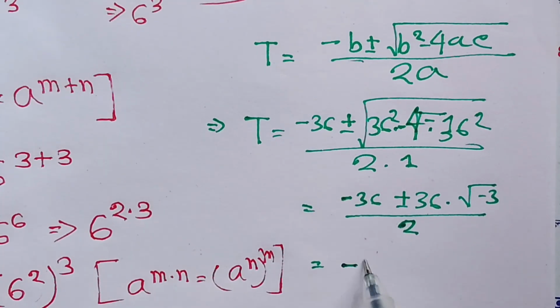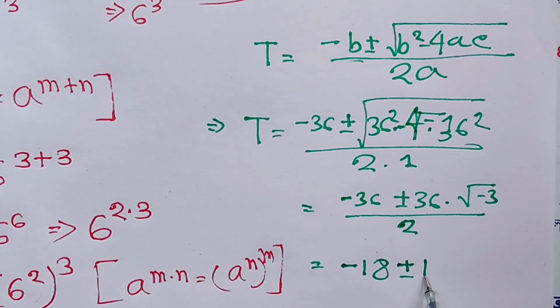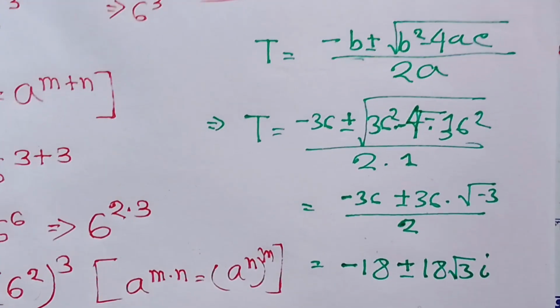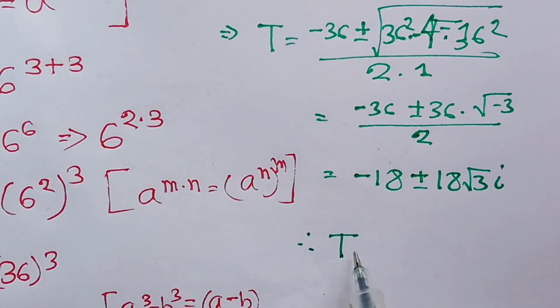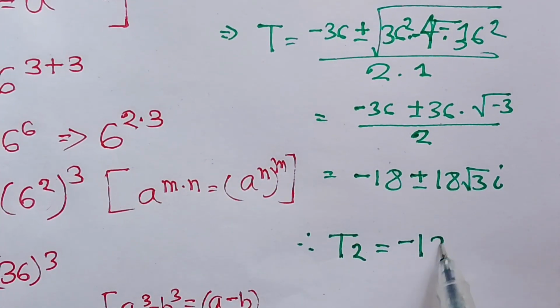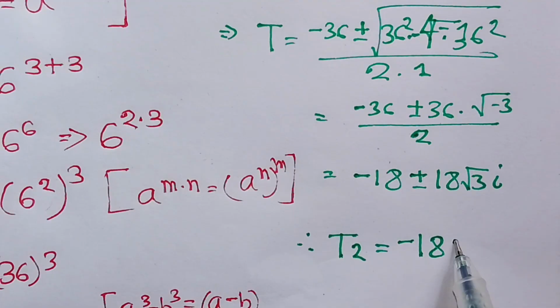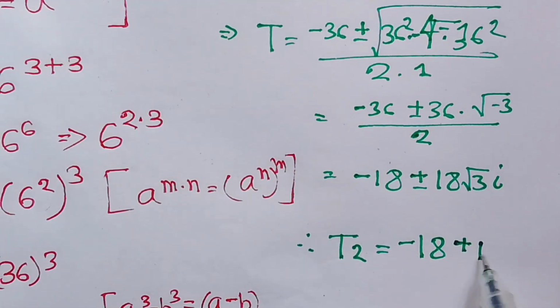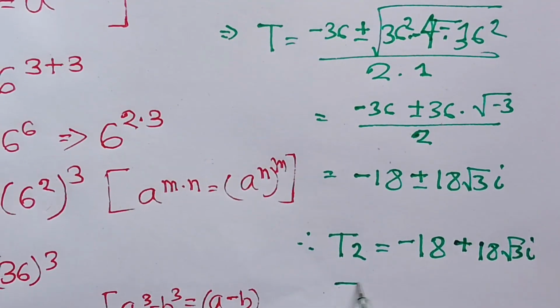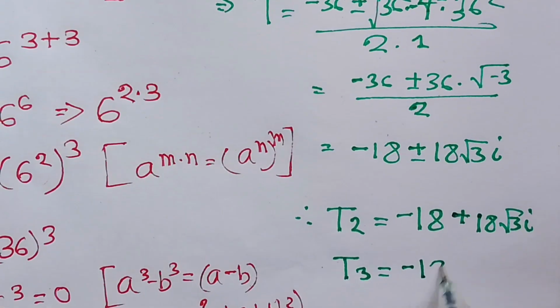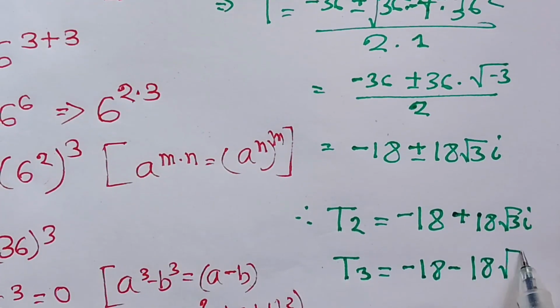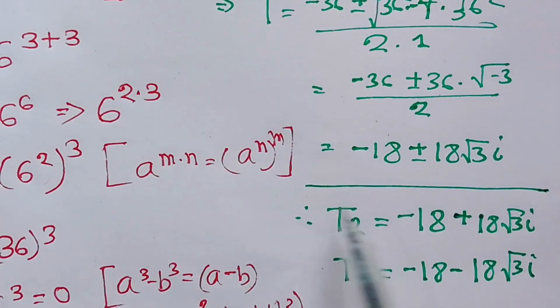So here we can write, after dividing by 2, minus 18 plus minus 18 root over 3i, because root over minus 3 equals root over 3i. So the values of t will be minus 18 plus 18 root over 3i and minus 18 minus 18 root over 3i. This is the answer.